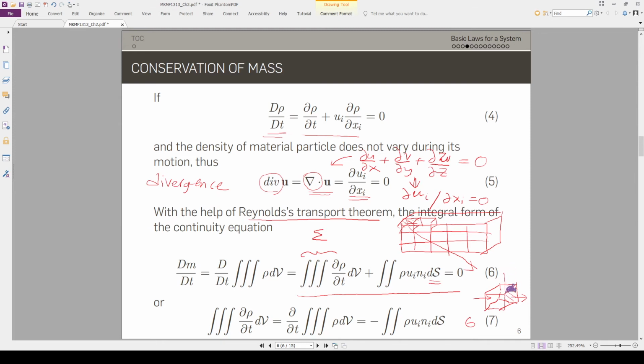The flux passing through the control surfaces between the top and bottom should be in balance, and the flux passing through the left and right control surfaces should also be in balance. This is what is explained in the second term in equation number 6.